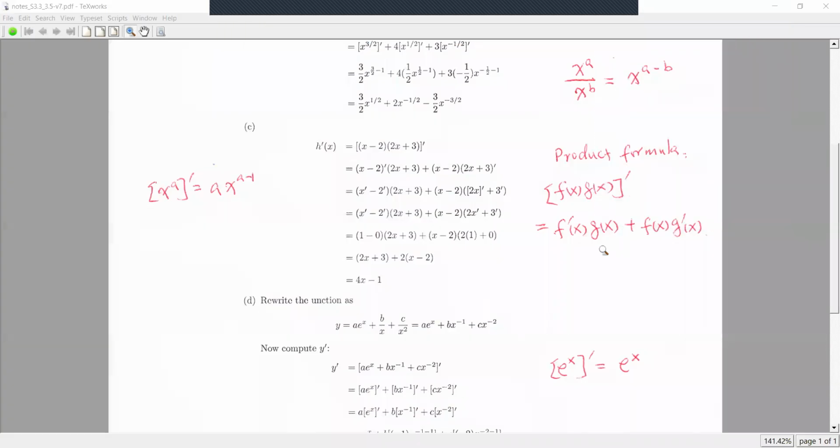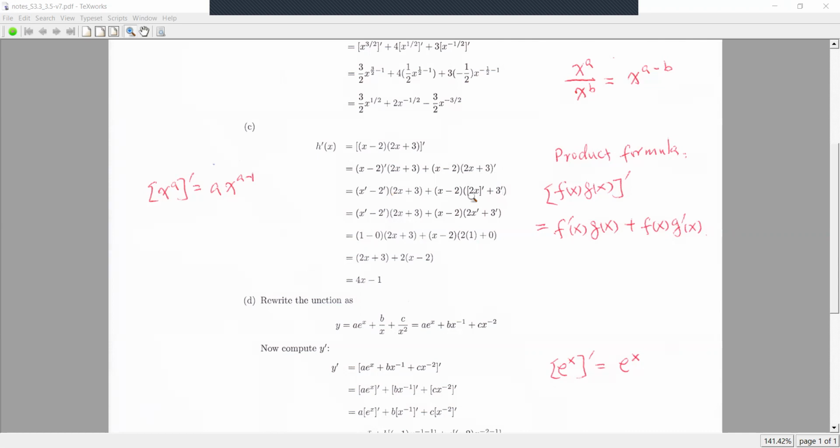By the product formula, the derivative is equal to derivative of the first function, x minus 2, times the second function, 2x plus 3, plus the first function times the derivative of the second function. x minus 2 derivative by the difference formula is x derivative minus 2 derivative. 2x plus 3 derivative is 2x derivative plus 3 derivative by the summation formula.